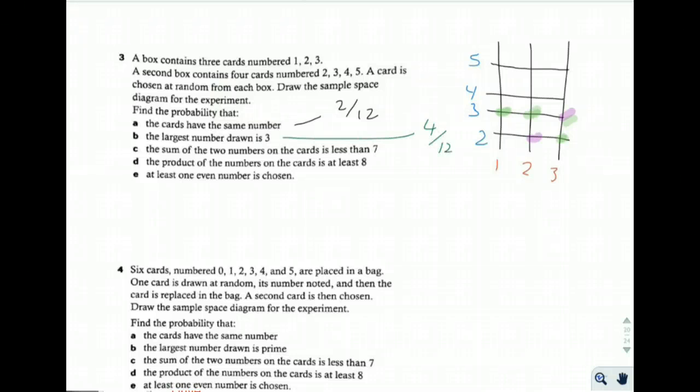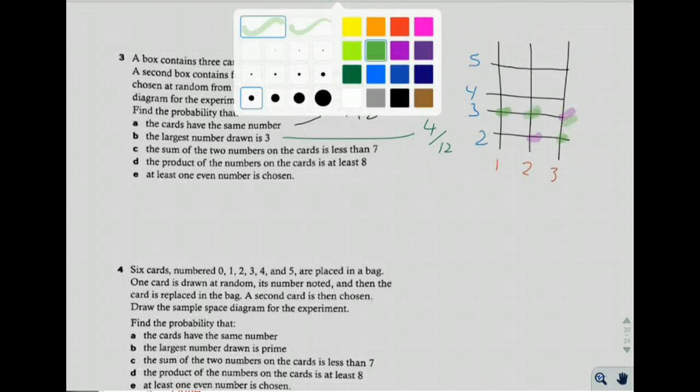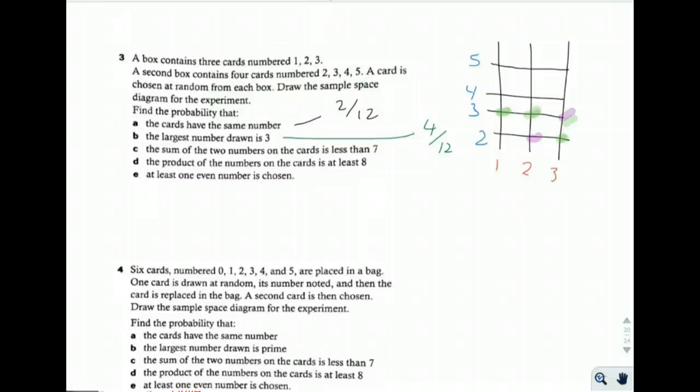4 out of 12. The sum of the 2 numbers on the cards is less than 7. So 5 and 1, and 5 and nothing else. 4 and 2, 4 and 1. 3 and 1, 3 and 2. 3 and 3. 2 and 1, 2 and 2. 2 and 3.